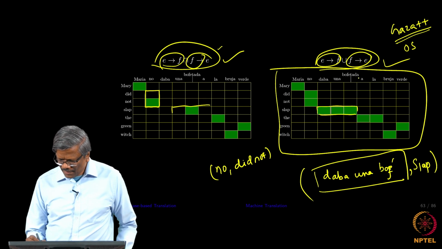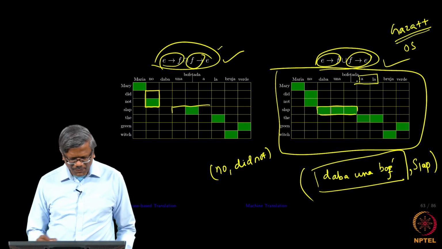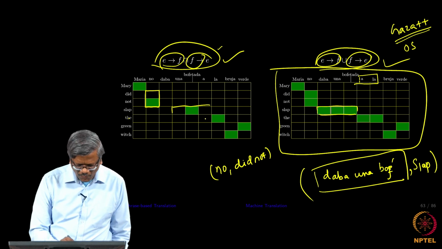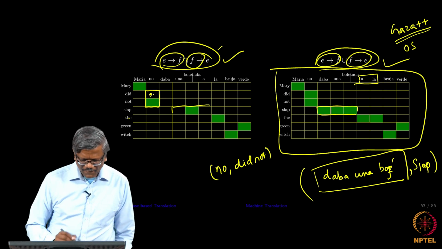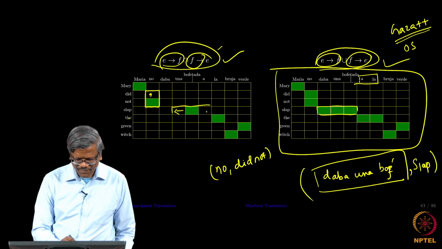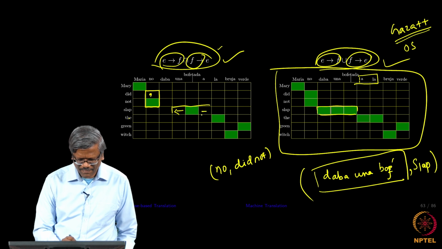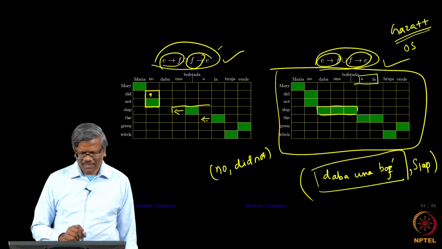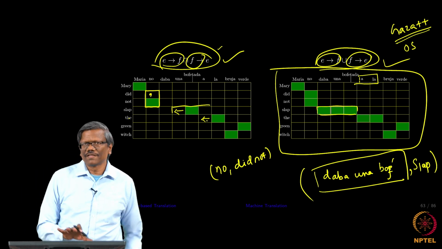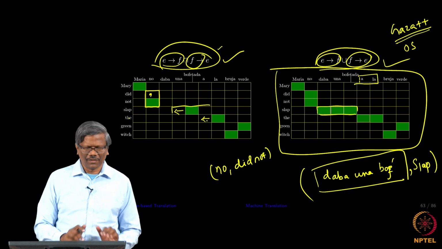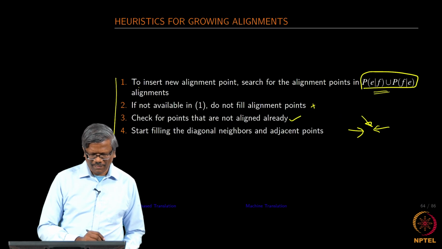And then ala is aligned to this. So, is it possible to grow this and then this and this? Okay. So, this is the basic idea. So, we want to be able to figure out an algorithm to do this, and this is how we do that.